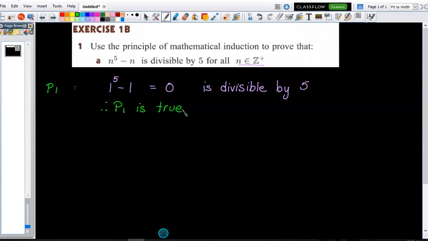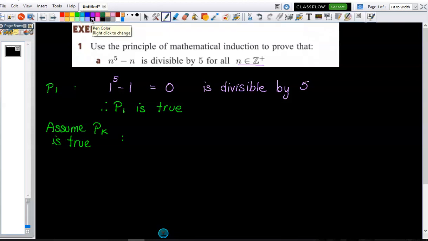To prove, we're going to assume PK is true, right? And do we remember what we have to do with that one? I always forget.